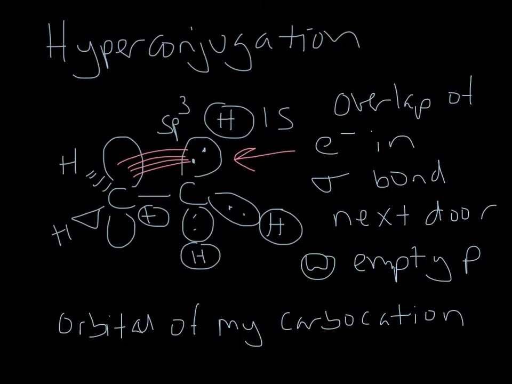So this interaction, overlap of electrons in an adjacent bond with an empty p orbital, is called hyperconjugation, and it's another thing that can stabilize the carbocation. So the more carbon groups there are around it, the more possibilities for hyperconjugation there are.